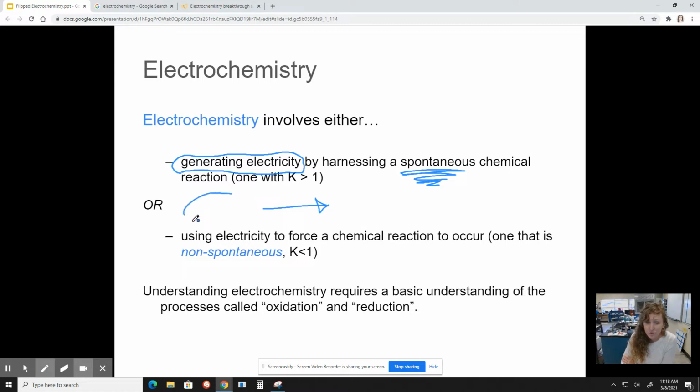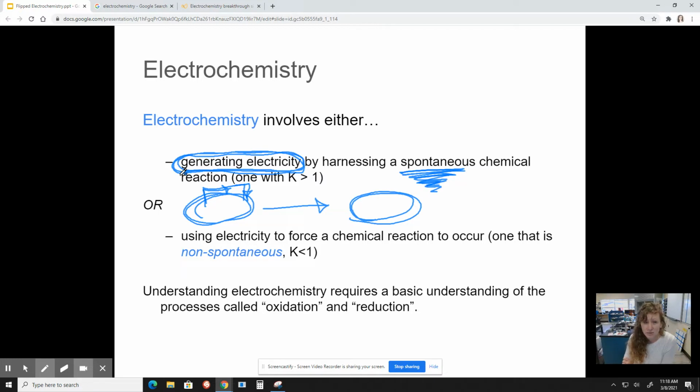And as electrons move between reactants and form products, that movement of electrons is called electricity. When this happens by itself in a spontaneous reaction, then we can actually harness that electricity that's being generated. This is exactly what a battery is. A battery is just a system that harnesses the electrons as they flow in a spontaneous reaction.